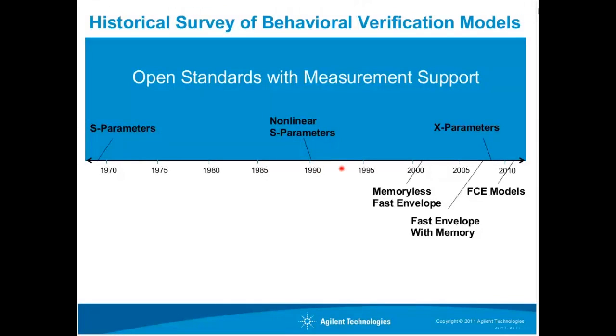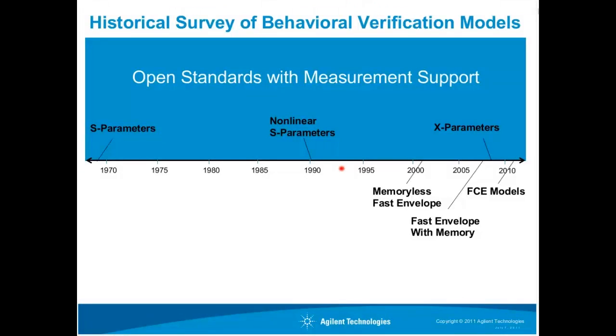There's always been a strong desire to have more black box modeling capability beyond S parameters, something that can handle nonlinearities. And they were given a lot of names over the years, and to be quite frank about it, they never caught on in a big way. I know that they have been used for various things, but it's been quite limited.